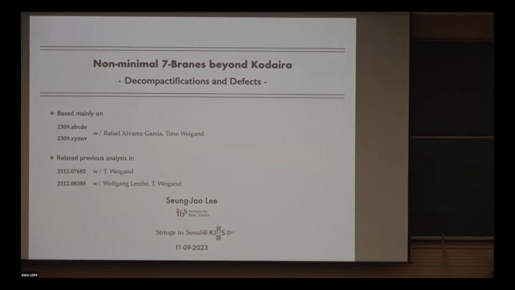These 7-branes will be referred to as non-minimal 7-branes, or sometimes 7-branes beyond Kodaira, for reasons to come. And eventually, I'll show that they indicate decompactifications, potentially with defects.